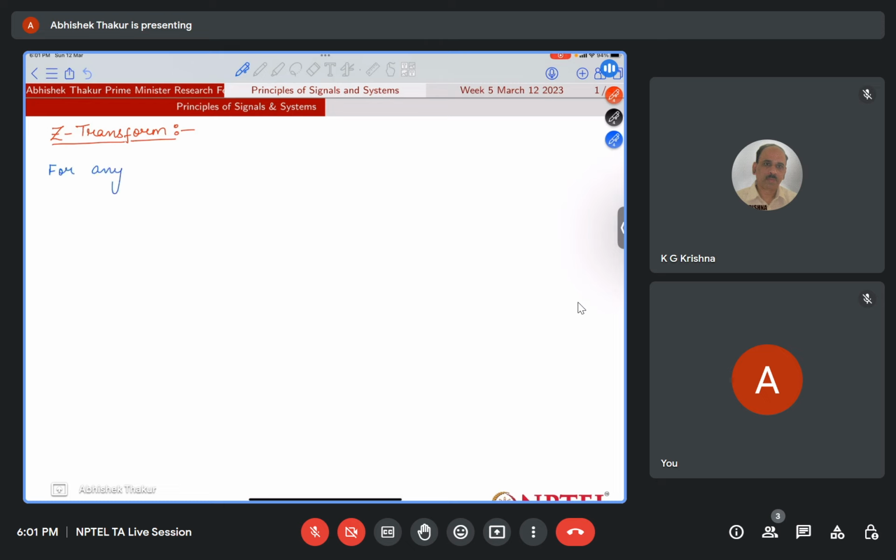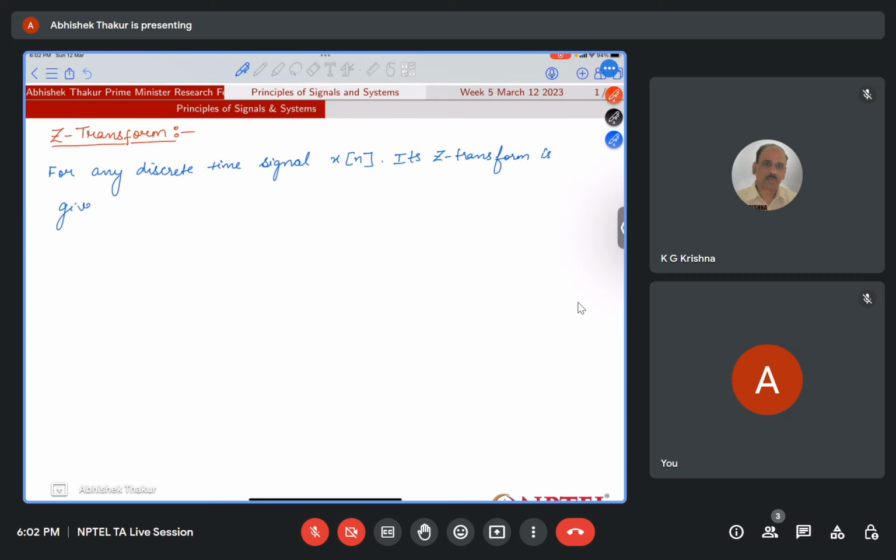for any discrete time signal x[n], its Z transform is given as follows. Here x[n] is the discrete time signal, that's why it is denoted as x and n instead of x(t).